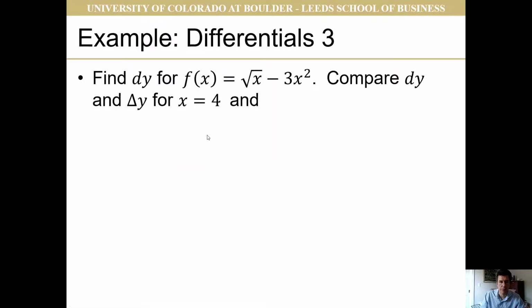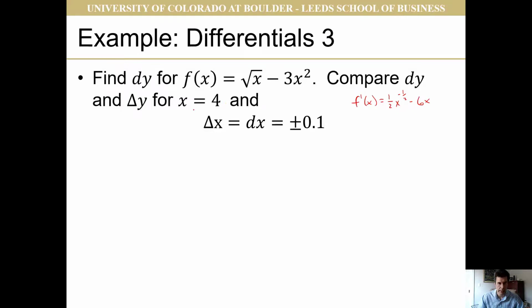The next example: we want to find dy for f of x equal to the square root of x minus 3x squared, and compare dy and delta y for x equals 4 and delta x, or dx, equals plus or minus 0.1. So we've got two different dx values here. We find f prime of x. That's 1/2 x to the negative 1/2 minus 6x.